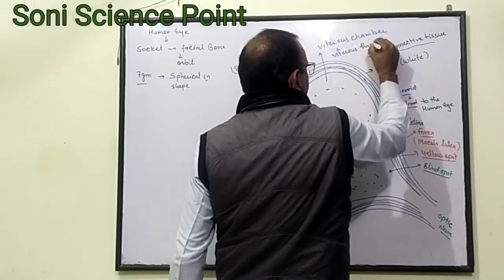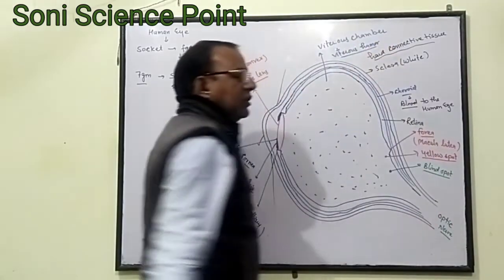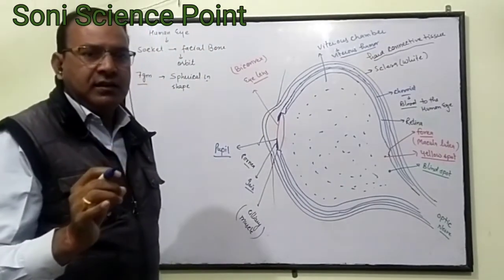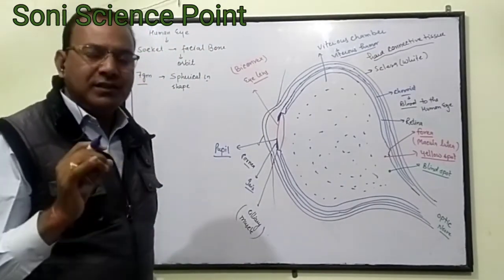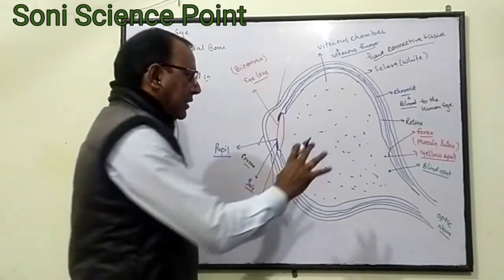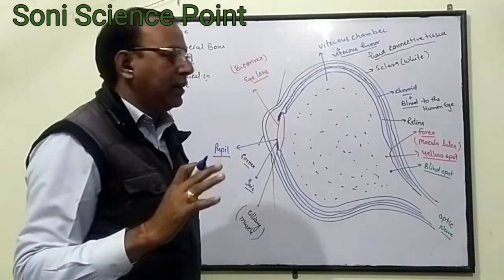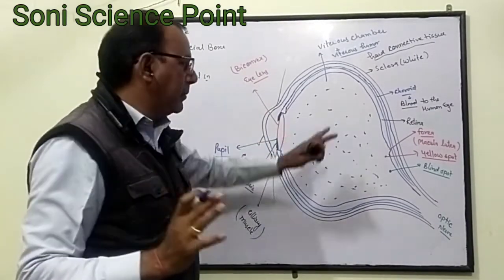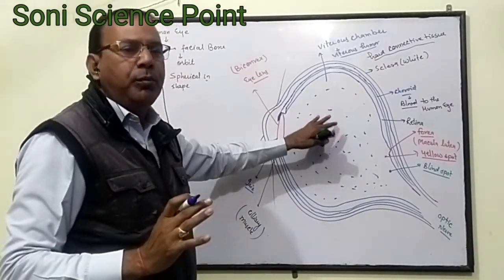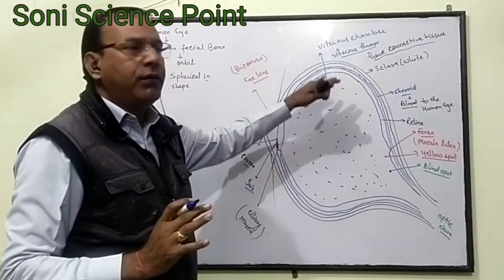In vitreous humor, there are some gelatinous cells present. What is the role of the gelatinous cells? With the help of these cells, the size of the eyeball does not reduce or increase. It means these cells help to maintain the size of the eyeball.